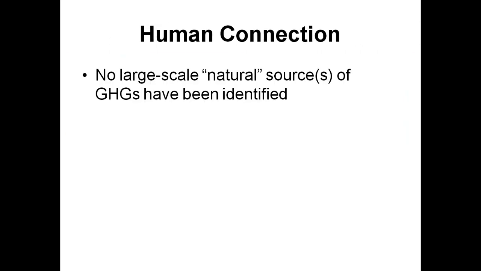Okay, so let's try to build the human connection. We have identified that greenhouse gases are the main cause, and we haven't actually identified any large scale natural sources of greenhouse gases.